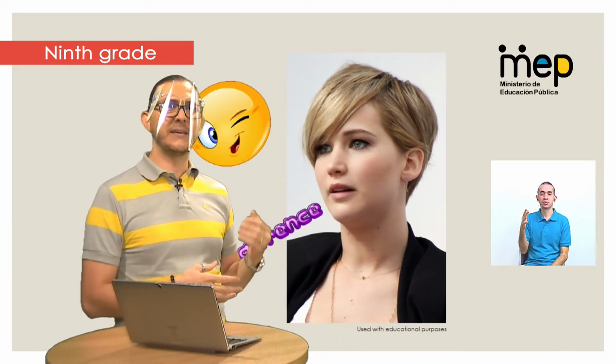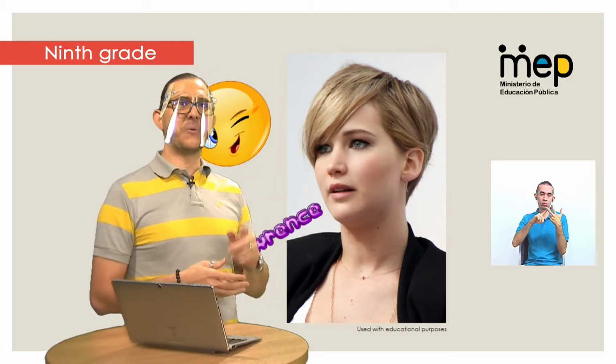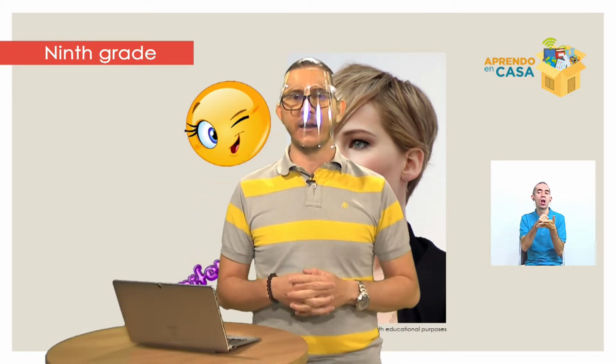She's blonde, blue eyes, right? And she's a great actress. So we're going to be reading about Jennifer Lawrence. I found this article in the British Council website, a really interesting article. We're going to be doing what is called skimming. Skimming is basically looking very quickly at the text to find very general ideas.